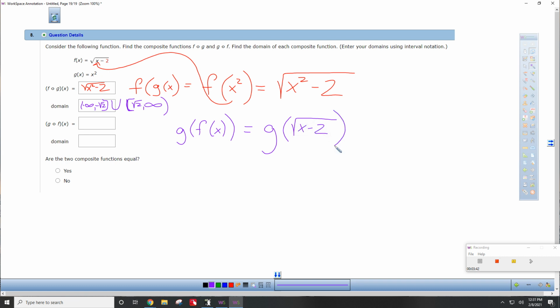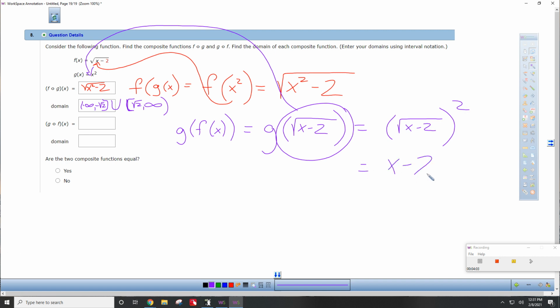So now I'm going to take whatever I have for my x and put it into the g function. So I'm going to square it. And what do you get for that? You get x minus 2. So g of f of x is x minus 2.